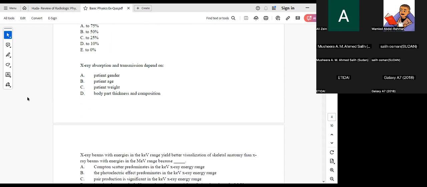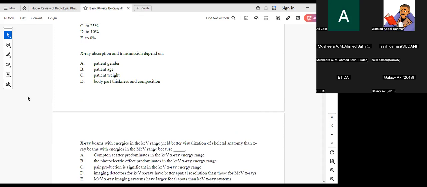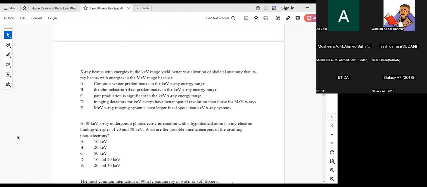Next: X-ray absorption and transmission depends on patient gender, patient age, patient weight, body part thickness, and composition. Probably it's D actually. These all look like diagnostic questions.